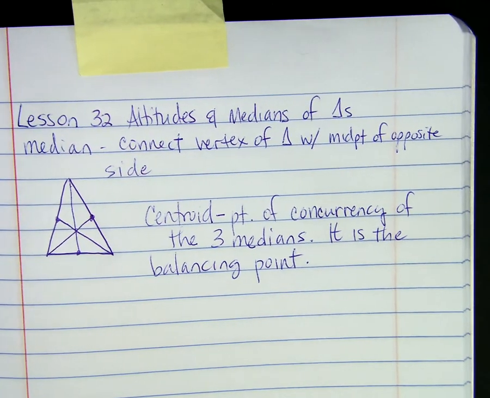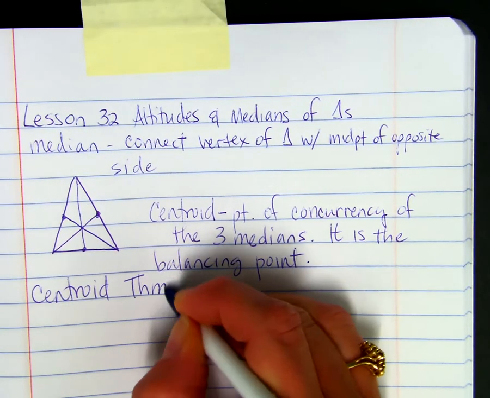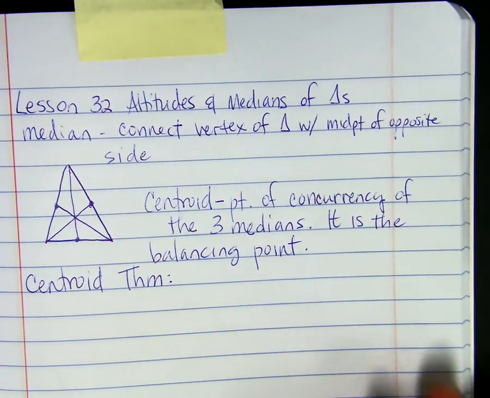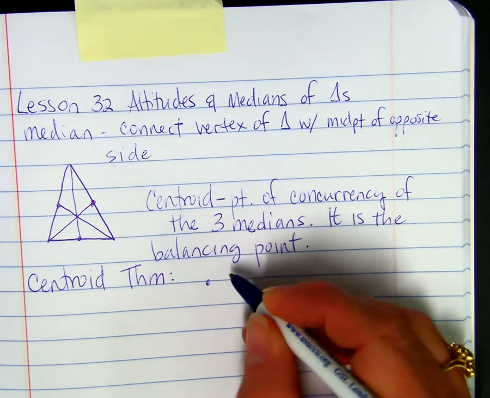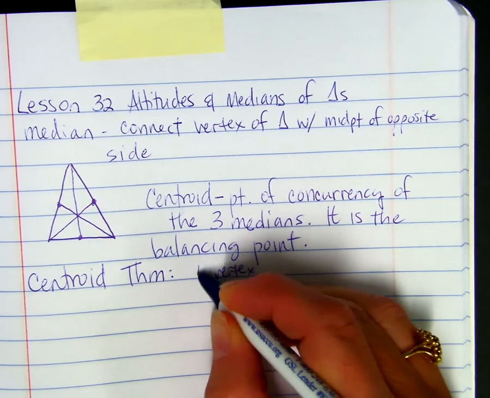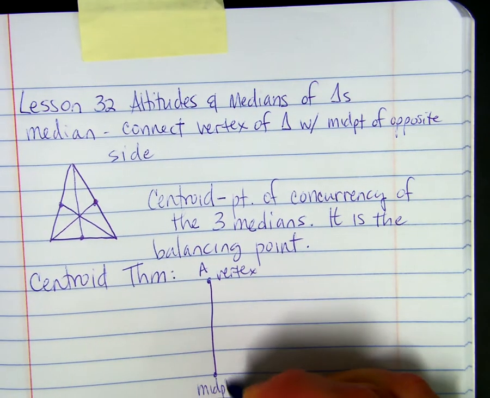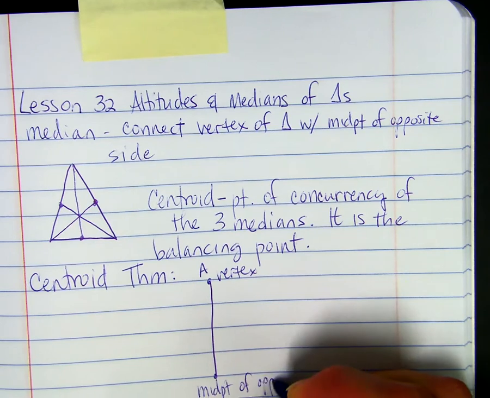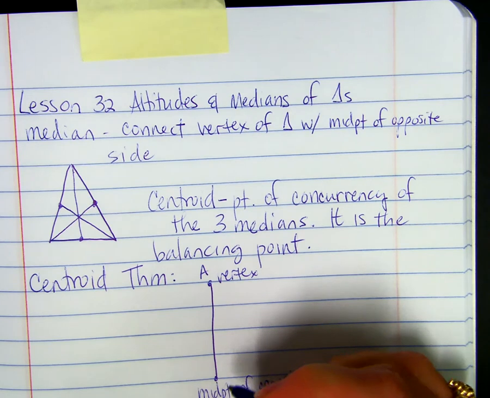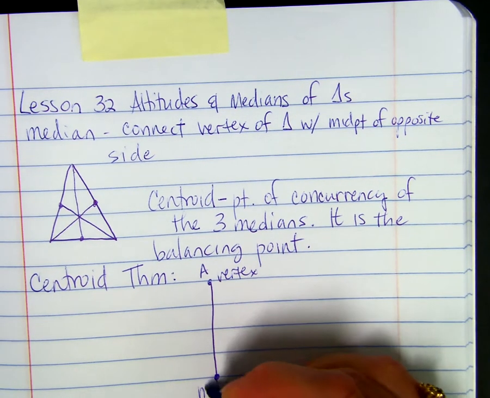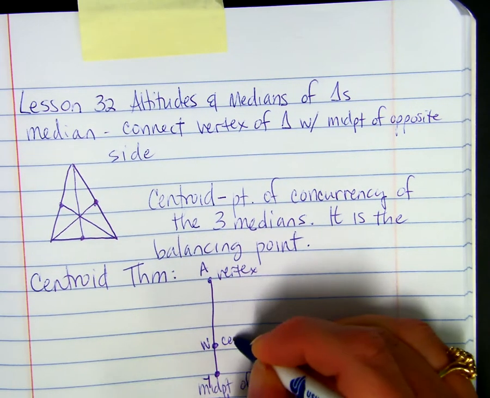Okay, so there is a theorem with the centroid. And it says that any median drawn, so if this is your vertex, we'll call it A, and you draw down to the midpoint of the opposite side, and we'll call that Y. And then W, we'll call that the centroid.